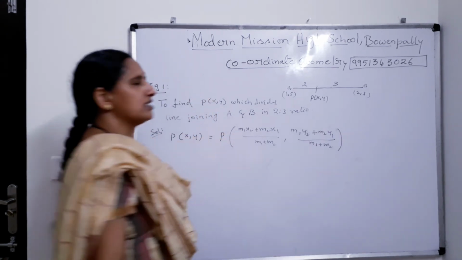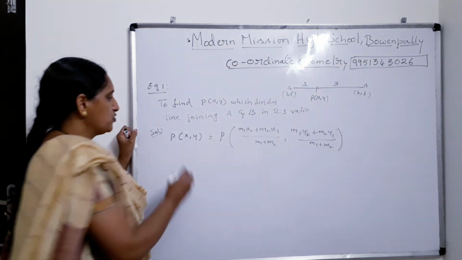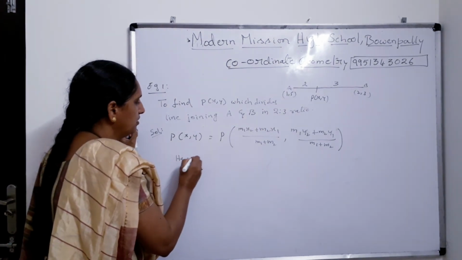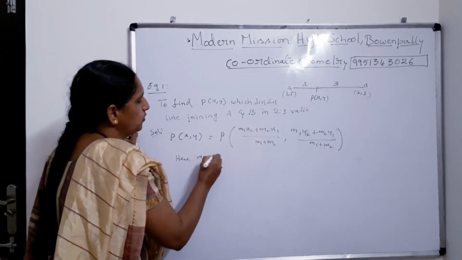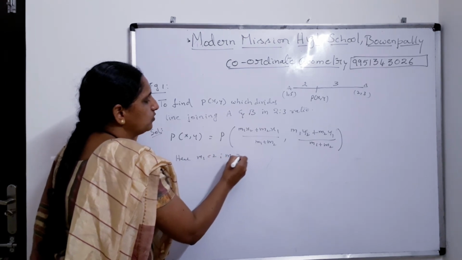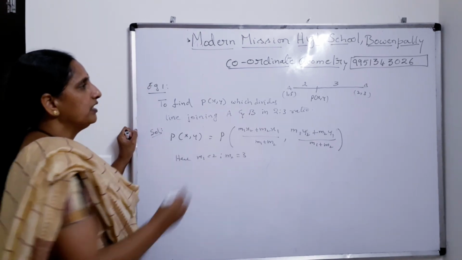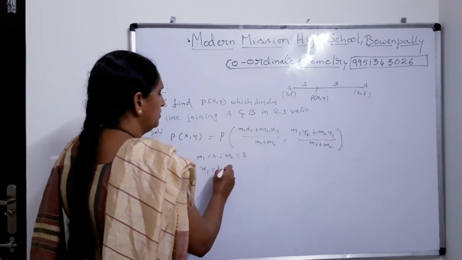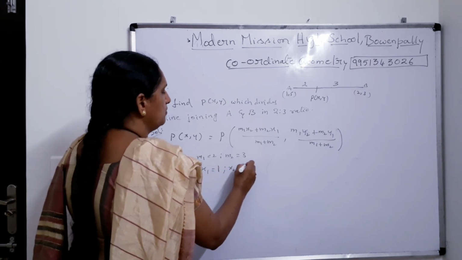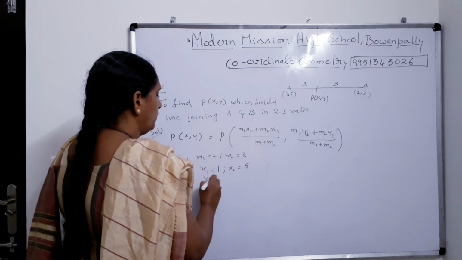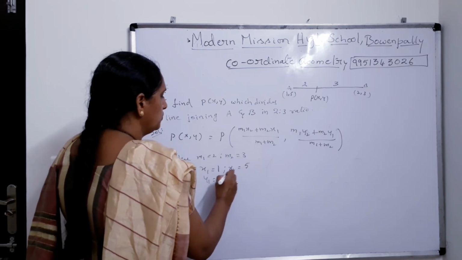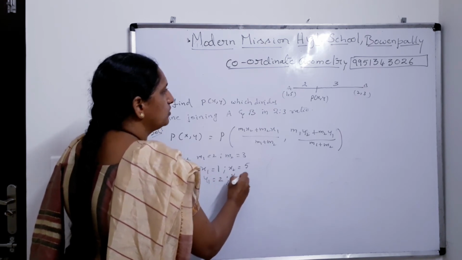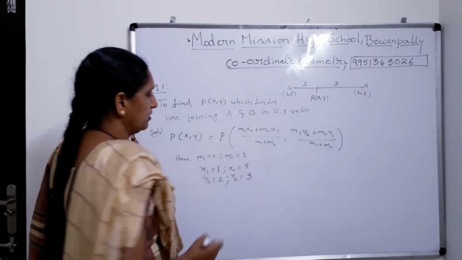This is the section formula. Okay, so what is given here? M1 is equal to 2, M2 is equal to 3. X1 is equal to 1, X2 is equal to 5. Y1 is equal to 2, Y2 is equal to 3.